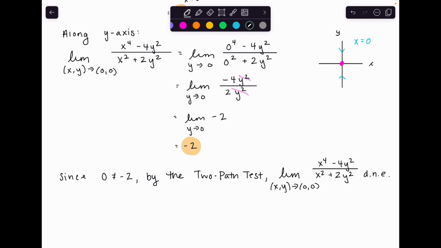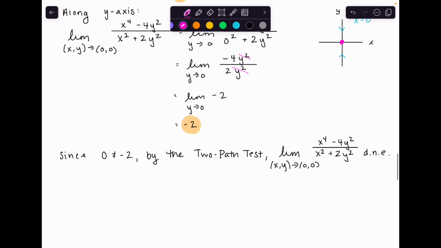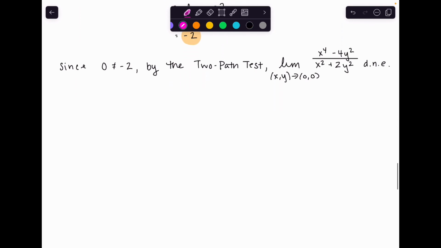You have to do something different in that case. So this is a big caution. This happens every single time. You should never use a two-path test to show existence. It's just like in Calc 2 when you use the test for divergence to say that a series is convergent. Not true. So it's very easy to misinterpret the two-path test.